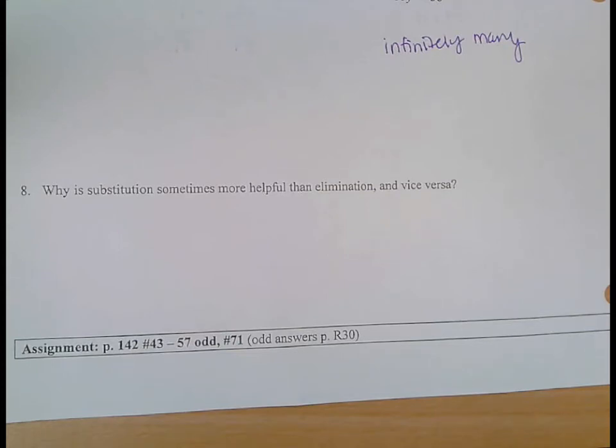When would you prefer to use substitution versus when would you prefer to use elimination? So just think about when one method would be better to use than the other one, because ultimately they're both going to give you the same answer. So when would you use which one is what I'm looking for. That's something you should discuss as a group. Write down a response, and then I'll pick a group, have somebody explain their answer.